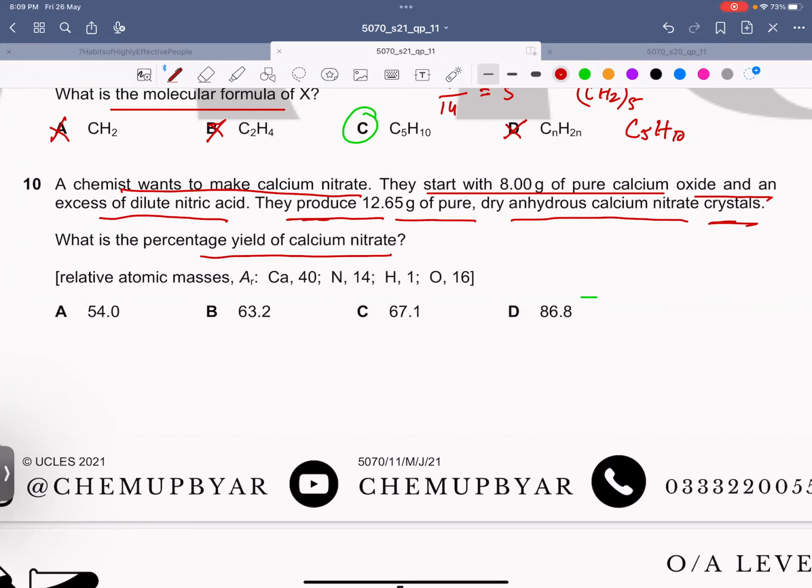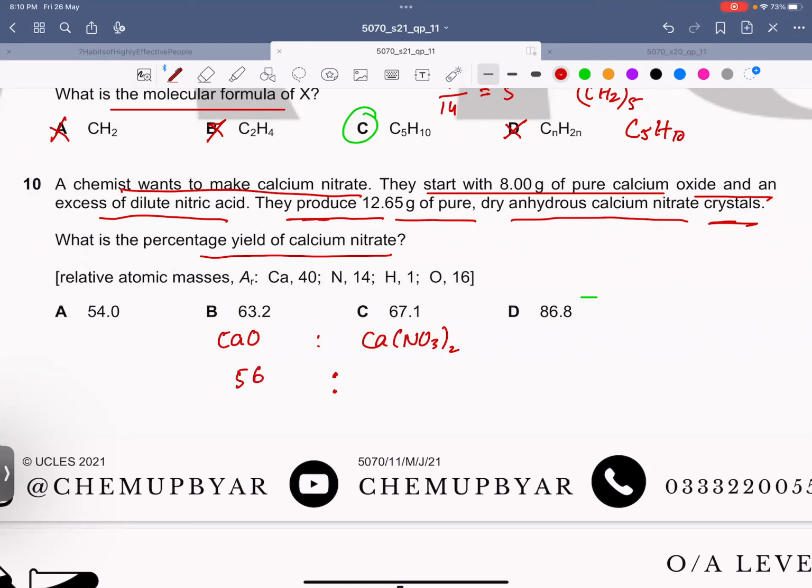So if you look at calcium oxide and calcium nitrate, can anybody tell me the mass of calcium oxide and calcium nitrate? Yes, Mr of calcium oxide is 56.